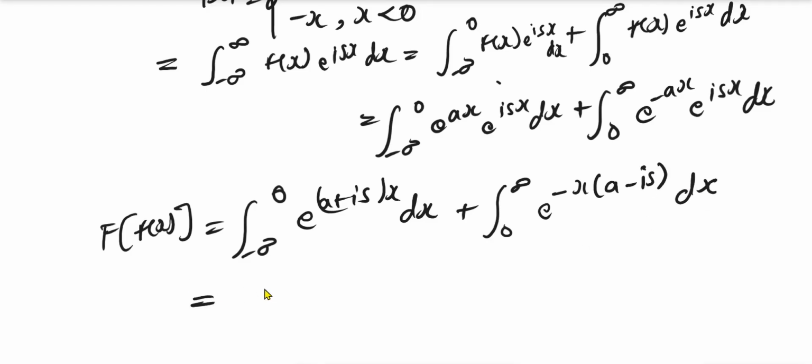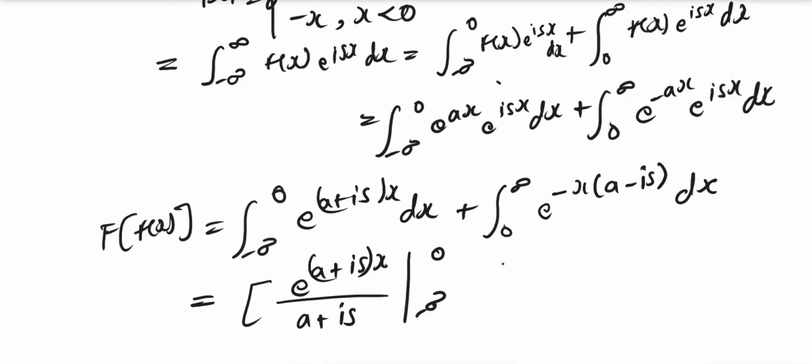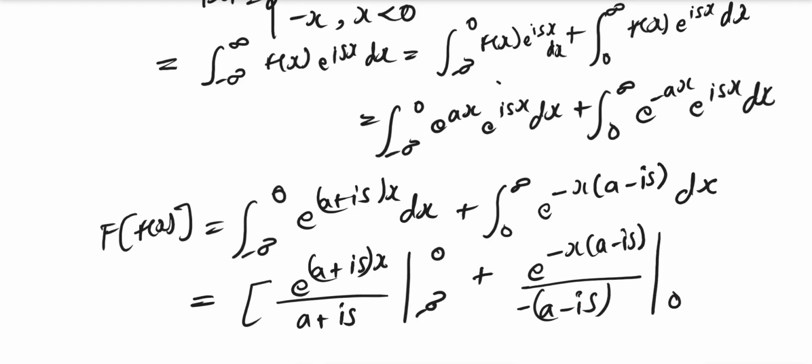Now it is e raised to the power (a plus iota s)x divided by a plus iota s, limit is from minus infinity to 0, plus it is e raised to the power minus x (a minus iota s) divided by minus (a minus iota s), limit is from 0 to infinity.